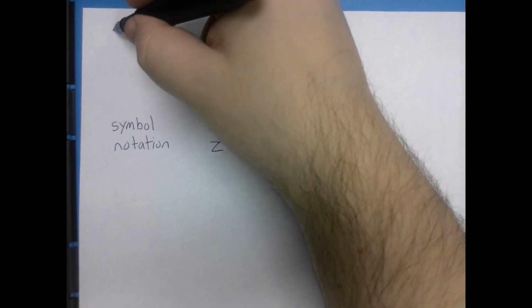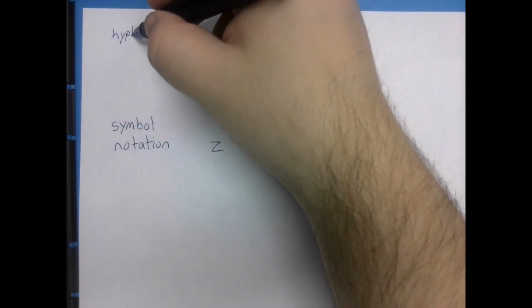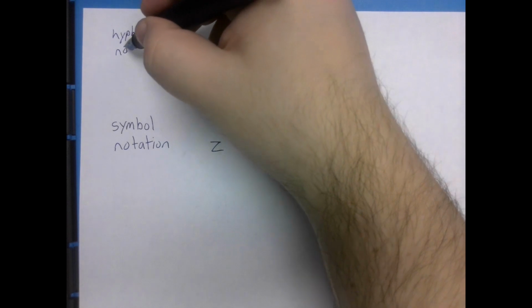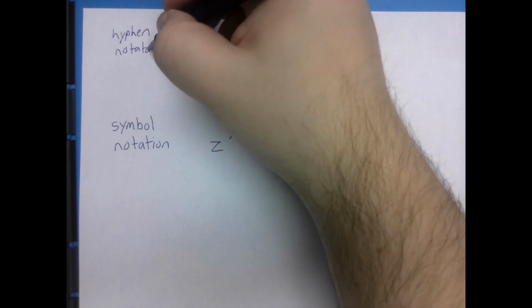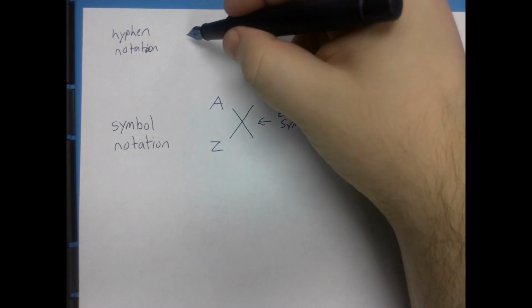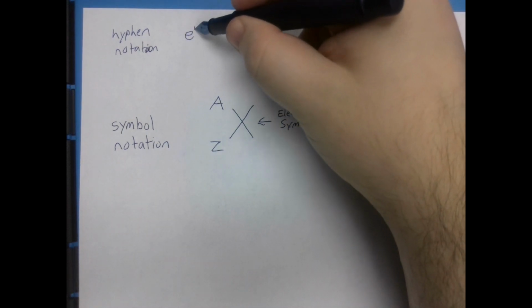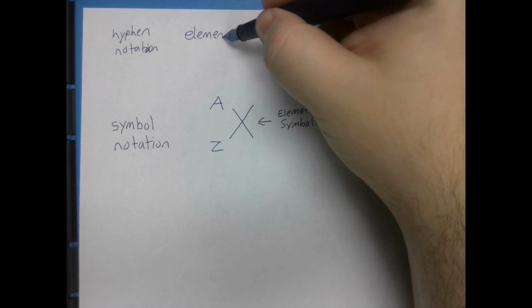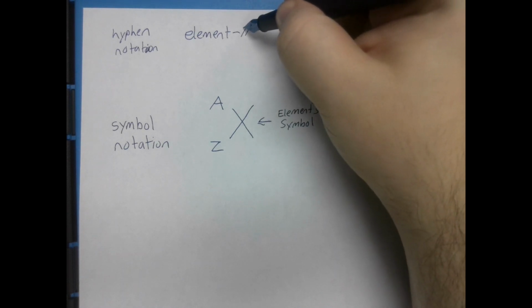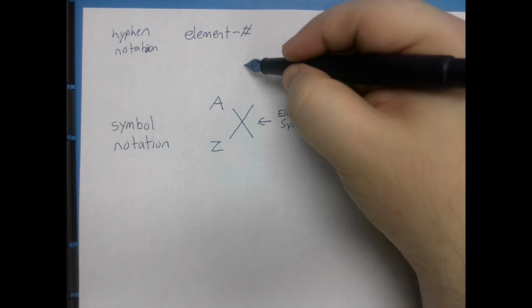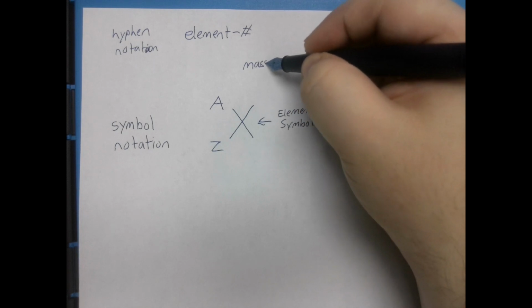We also have the hyphen notation, in which we have the element and some number here. This is the mass number.